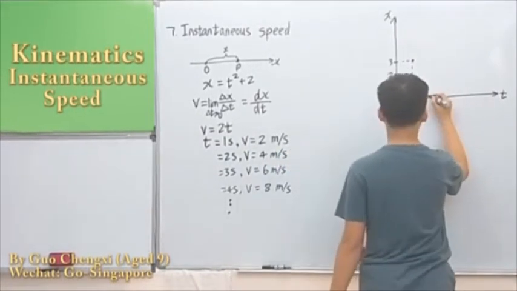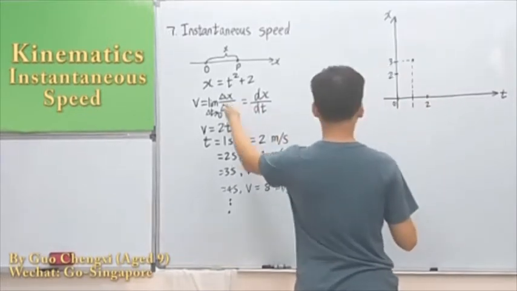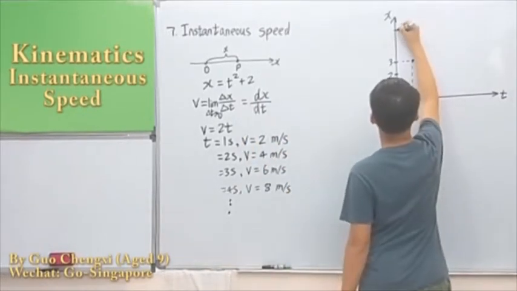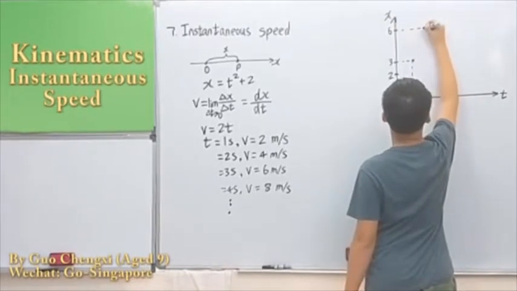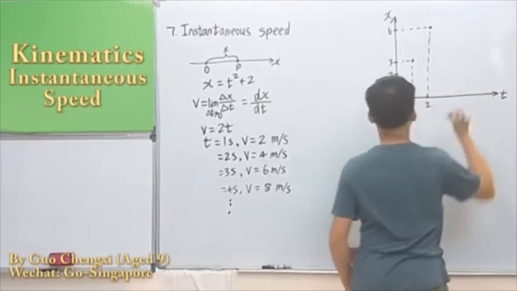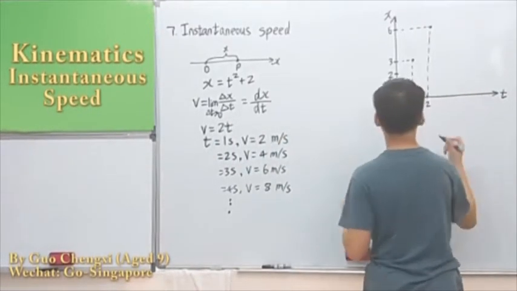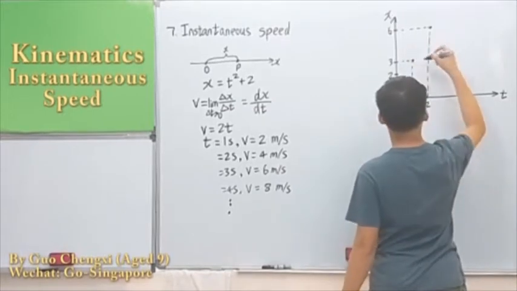Then if the time is 2, you get 6, so it's around that point. Then we'll just connect all of these into a graph.